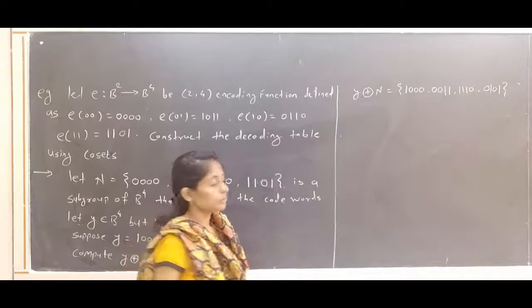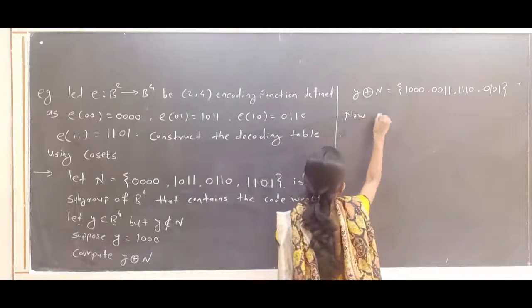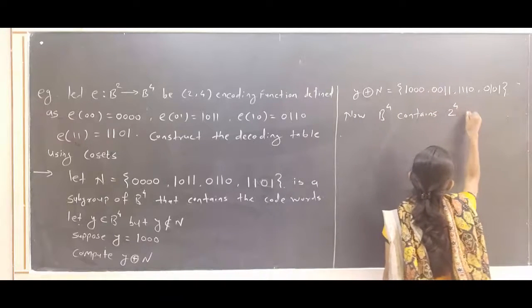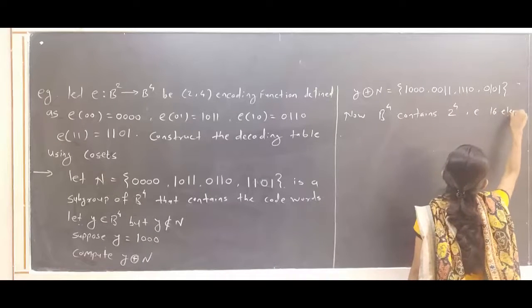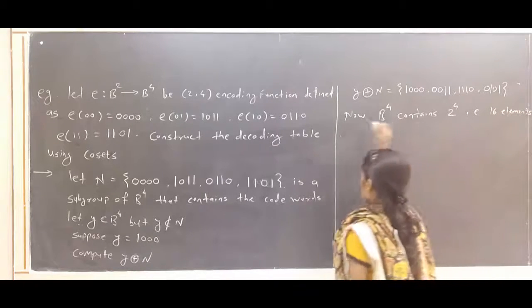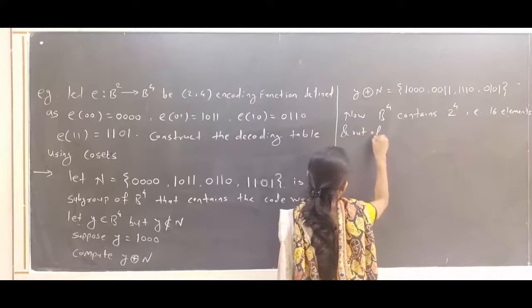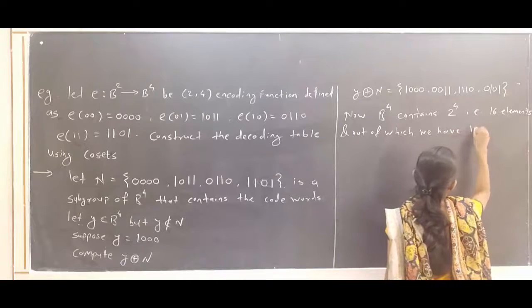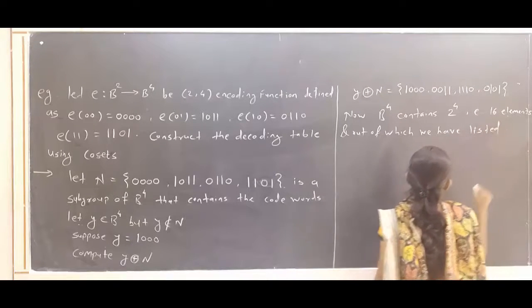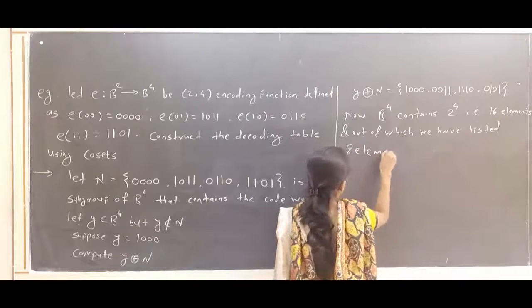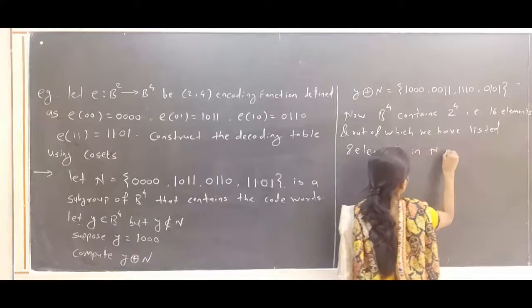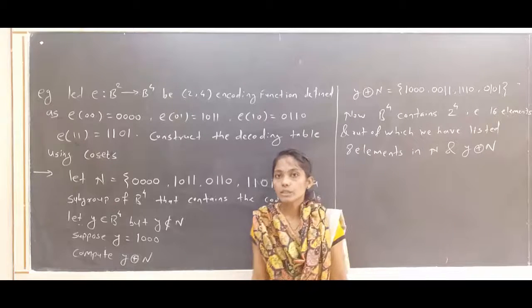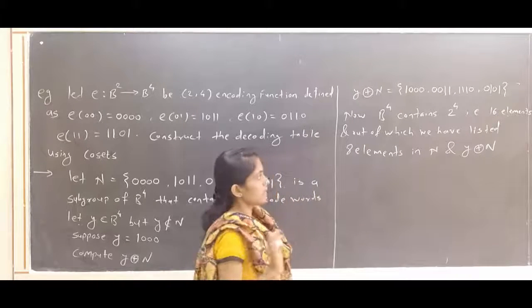Okay. Now B⁴ contains 2⁴, that is 16 elements, and out of which we have listed 8 elements in N and y ring sum N. Okay, so here out of 16 elements we list 8 elements.